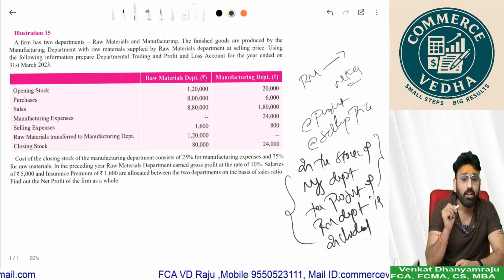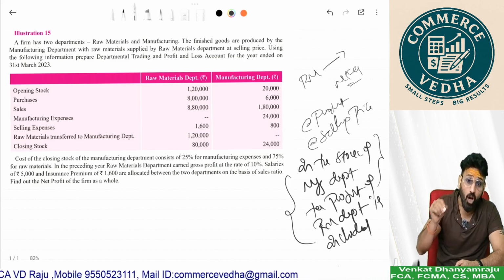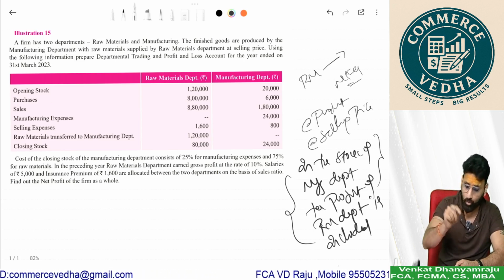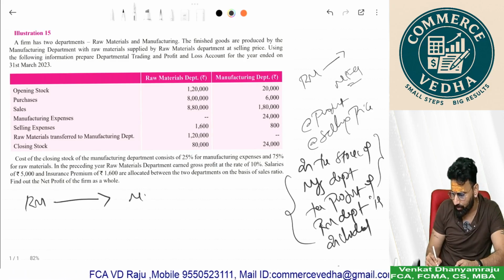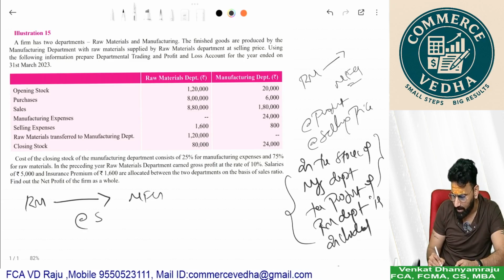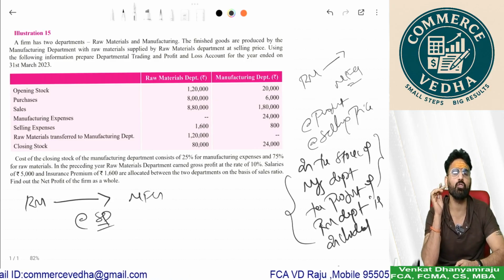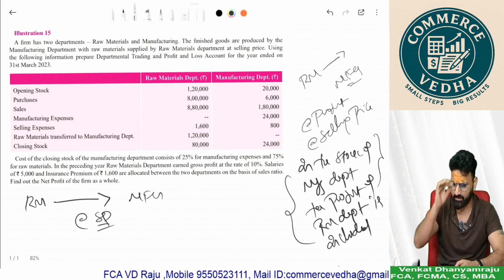In the stock of the manufacturing department, the profit of the raw material department is included, because the raw material department is sending the goods to the manufacturing department at selling price. So the only thing is we should do stock adjustments for the profit included. Other than that, it's a simple question.